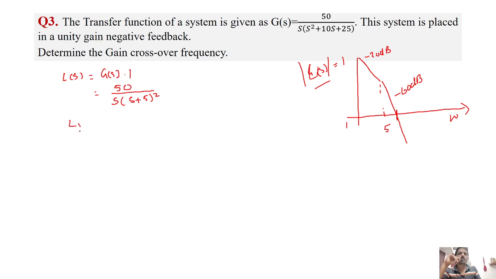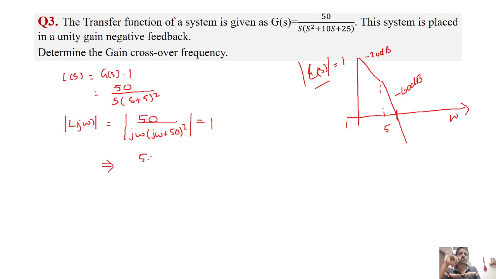So in j omega, L of j omega is equal to 50 by j omega into j omega plus 5 whole square. So what is the amplitude? The mod of this value. So what we will do is, to find gain crossover frequency, we'll equate this to 1.